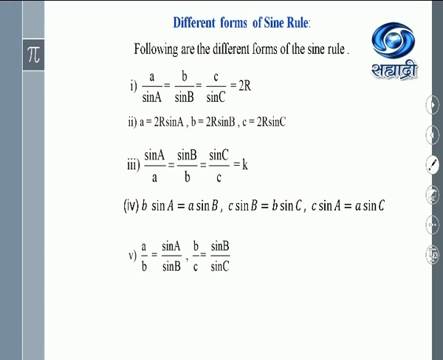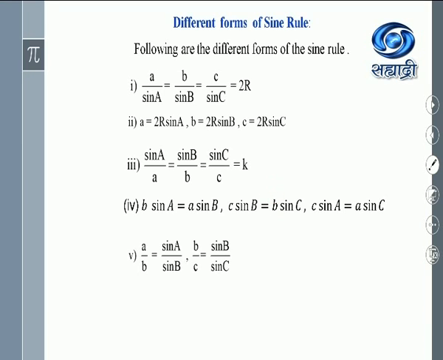Similarly, we can write b upon c is equal to sin B upon sin C. How to find that? Now consider this. This c we write to the RHS, so this is the product between c and sin B. So c comes in the denominator.